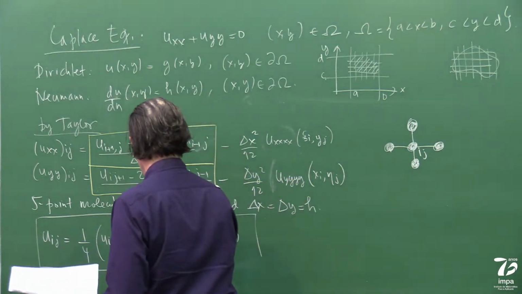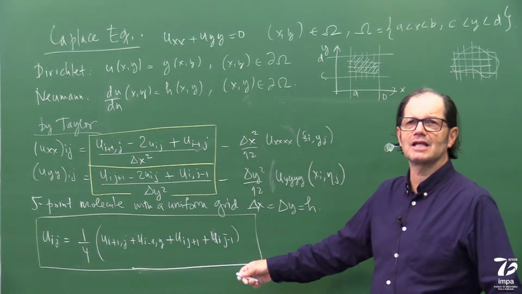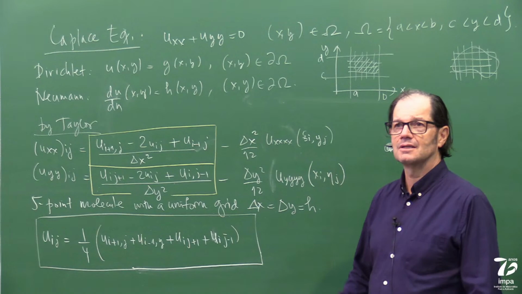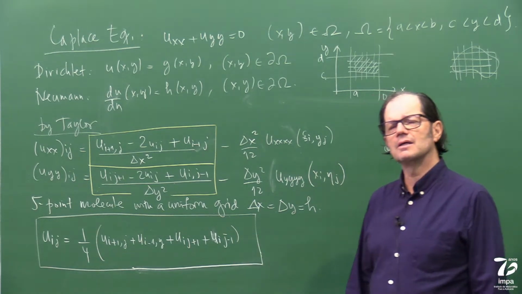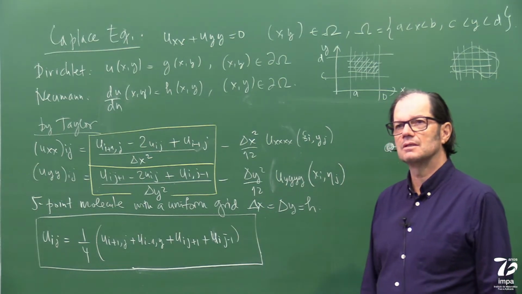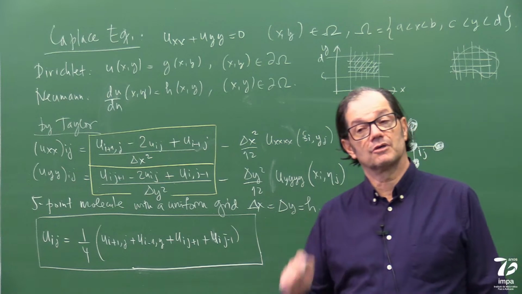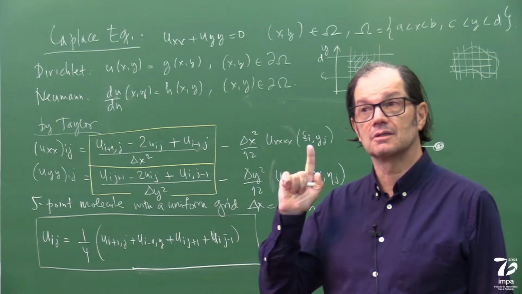Do you see? What is the first thing? I like this first, right? Why? What is the nice thing that I immediately see, that connects with PDE theory, not numerics?